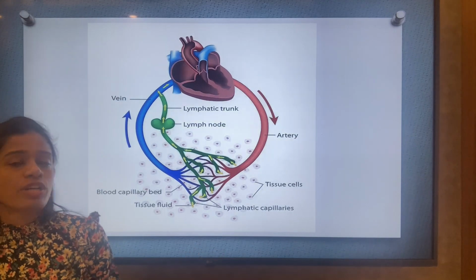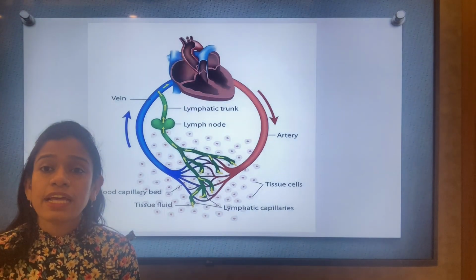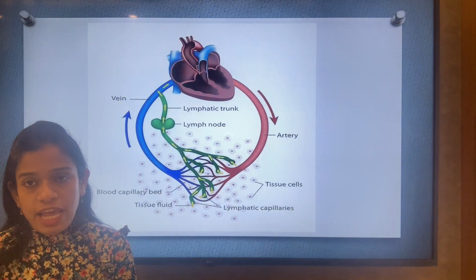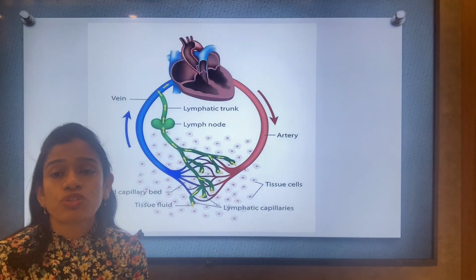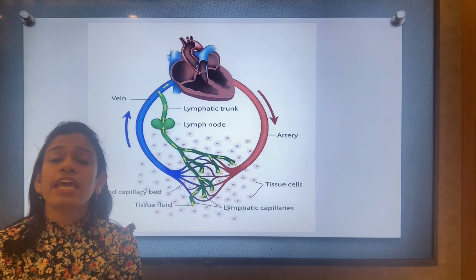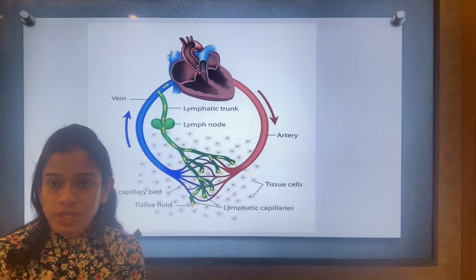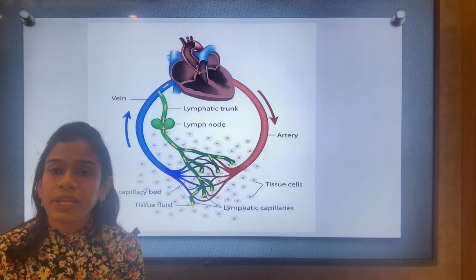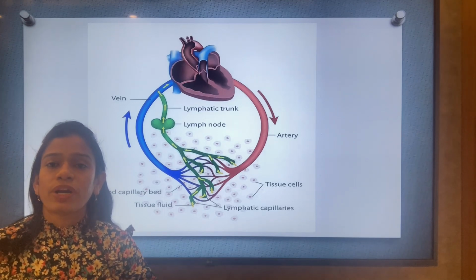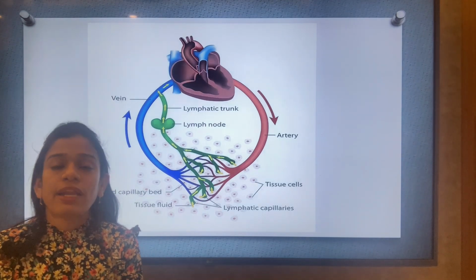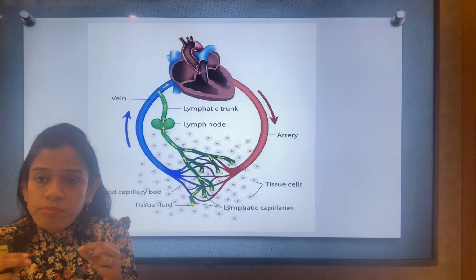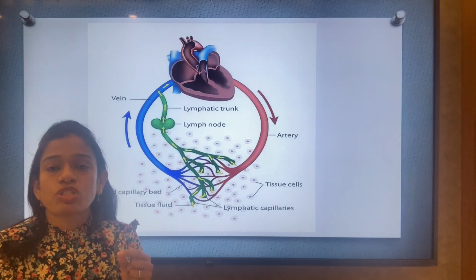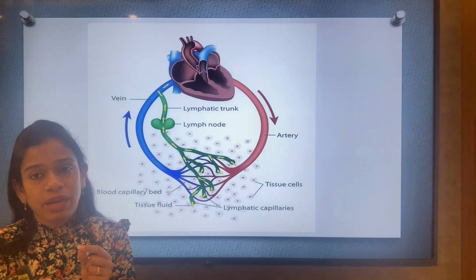This gives us the idea of the lymphatic vessels. So we know that when the blood flows through the capillaries or the veins, it flows at a very high speed. Now when the flow is happening at a very high speed, sometimes a small amount of blood oozes out through the small openings present in the blood capillaries.